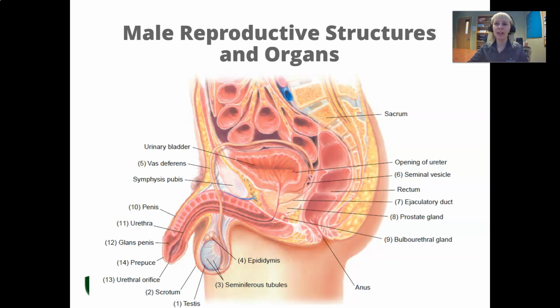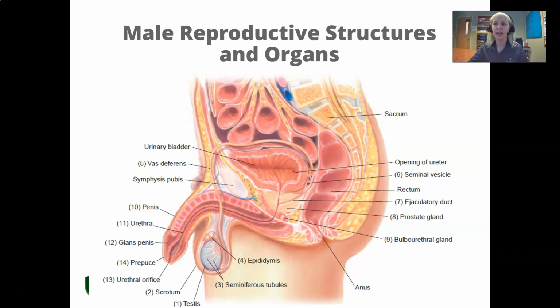The epididymis lies over the superior surface of each testis and will store the sperm after it leaves the seminiferous tubules. This is the first duct that sperm will pass through after it is produced. And if you were to trace that duct upward from the epididymis, it would form the vas deferens. And this is a narrow tube that passes through the inguinal canal into the abdominal cavity.